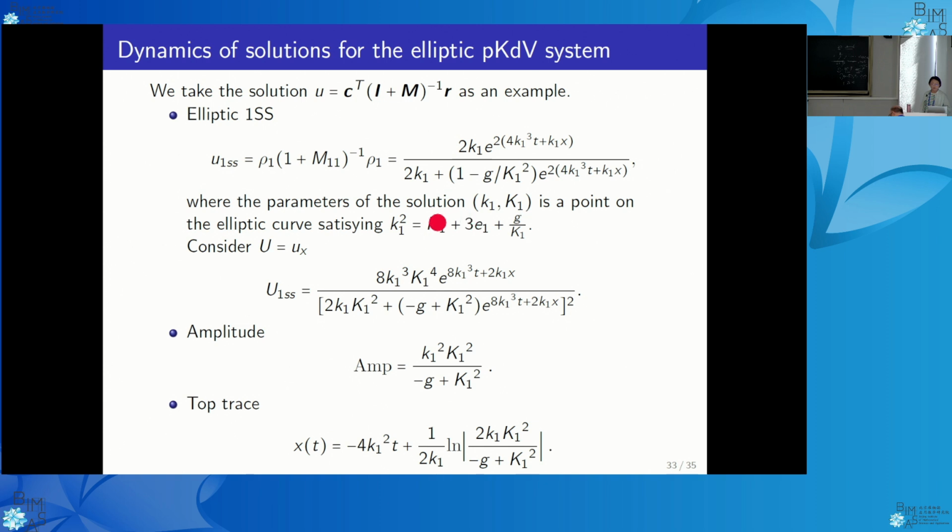So here are the parameters of the solution. In this solution, big K1 is a point on the elliptic curve. And if we want to draw the picture, we need to consider not a potential one. So we take the derivative of small u to get capital U here. And we can calculate the top trace. And then we substitute the top trace into this solution to get the amplitude of this wave.